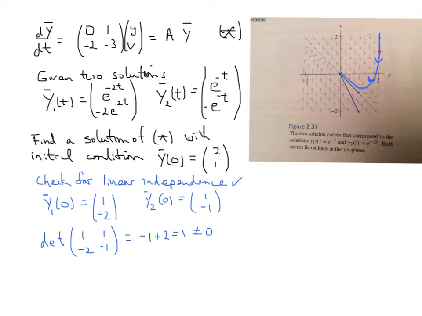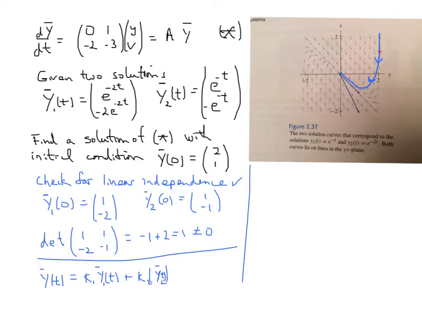The general solution theorem says that now that I know I have two linearly independent solutions, the solution is going to look like k1 times y1 plus k2 times y2, for an appropriate choice of k1 and k2. Well, I don't know if I have enough room to do it on this page, but we'll try.